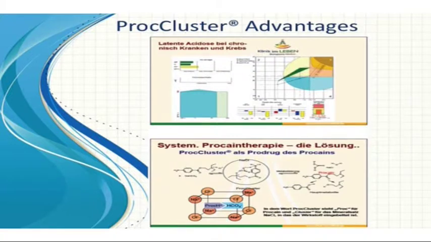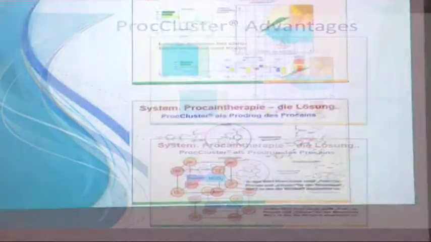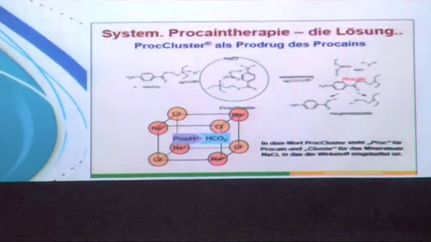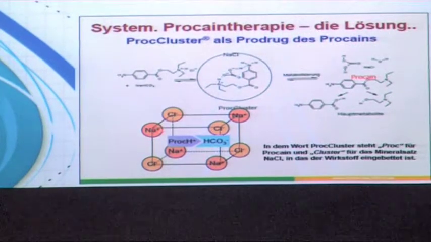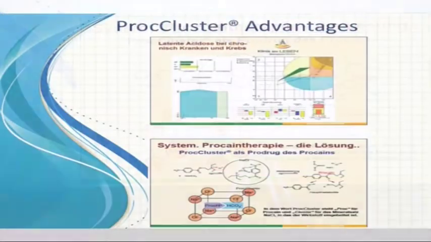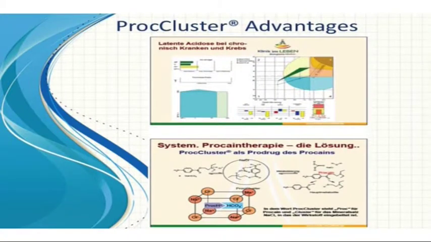You see in the center there's the procaine, procainium, and this is embedded into sodium bicarbonate molecules, which is also attractive to us in the sense that you have a positively charged outer molecule, and only where the molecule is bound to negatively charged molecules, as we have it in acidic tissue, the Procluster molecule is released and can bring up the pH.